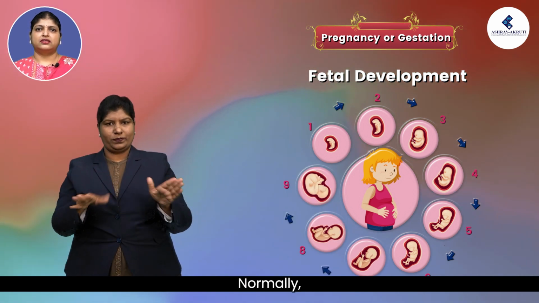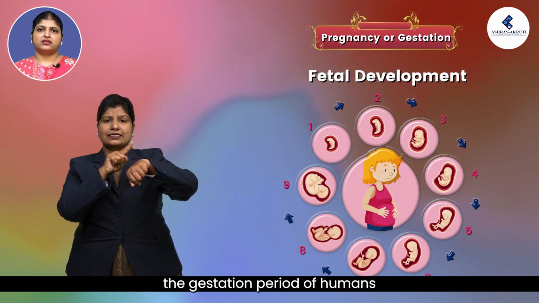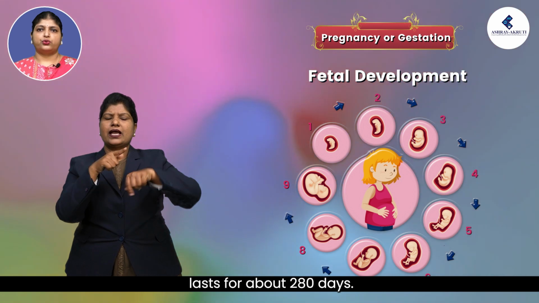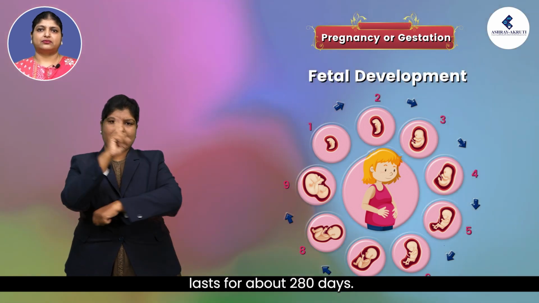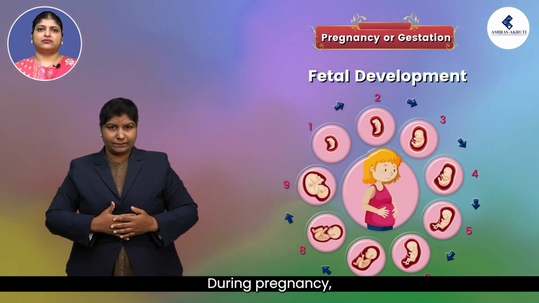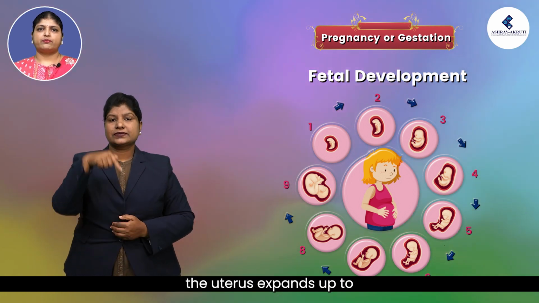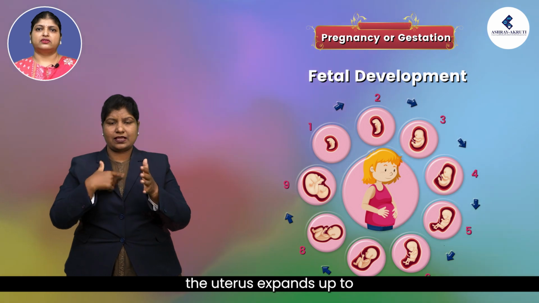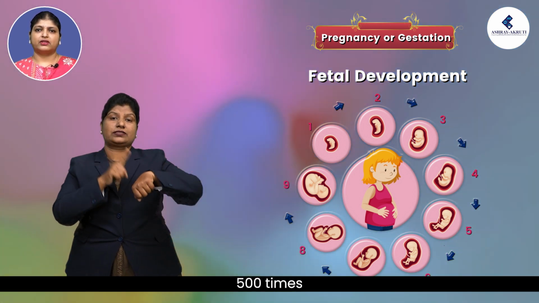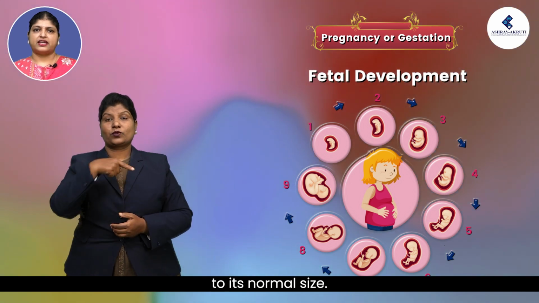Normally, the gestation period of humans lasts for about 280 days. During pregnancy, the uterus expands up to 500 times to its normal size.